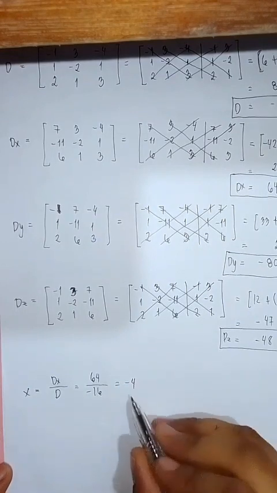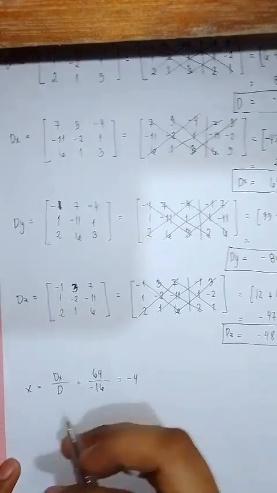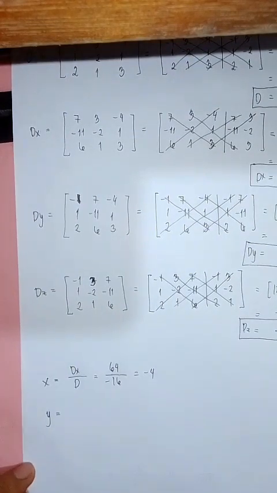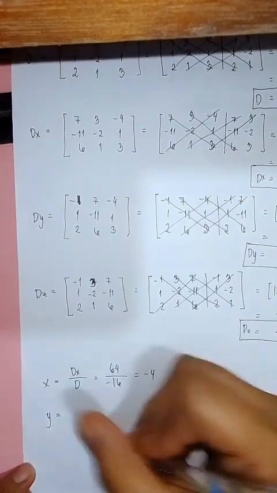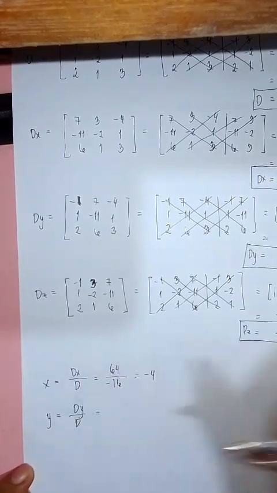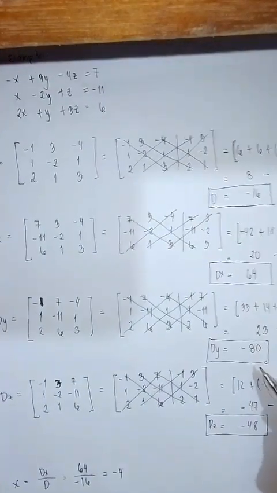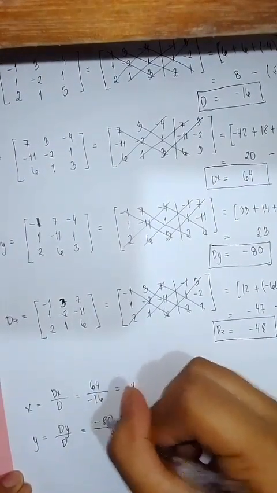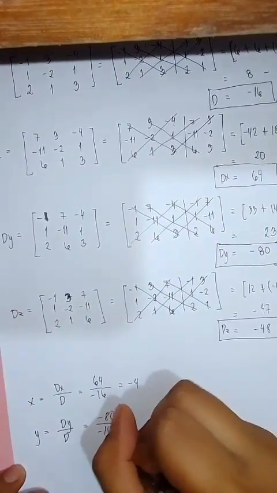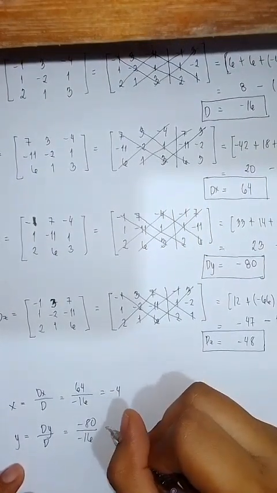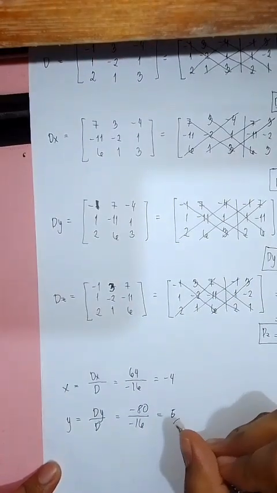So our x is negative 4. Let's proceed and find the value of y. So y is equal to D sub y over D. Our D sub y is negative 80 and our D is negative 16. Negative 80 over negative 16 is equal to 5. So our y is 5.